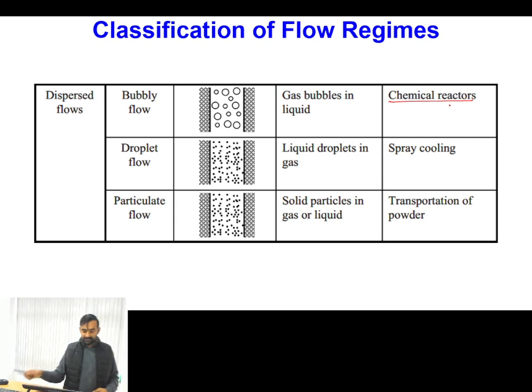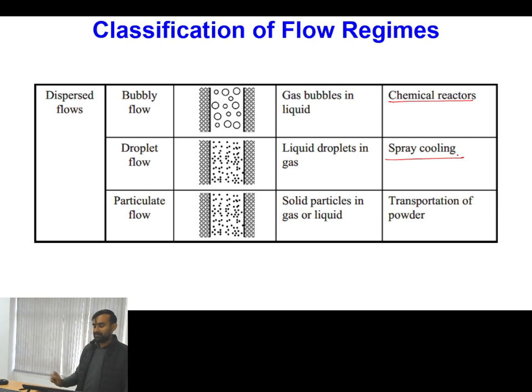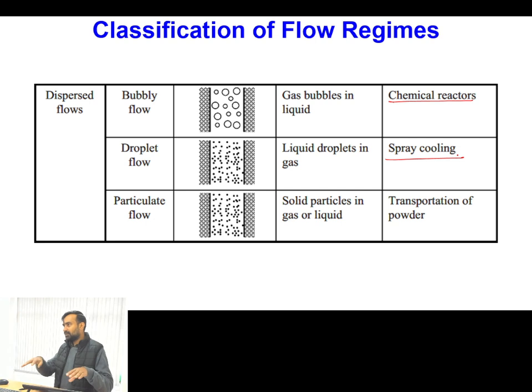Then droplet flow. In droplet flow, liquid droplets appear in the gaseous medium, and this is typically used in spray cooling. You have a heated surface. On that heated surface, if you have a jet of liquid which is spraying droplets, then these droplets will penetrate through the surrounding gaseous phase, and these will strike on the surface.